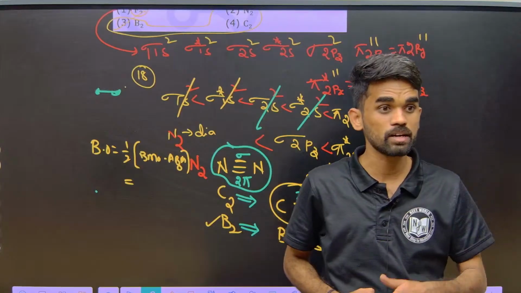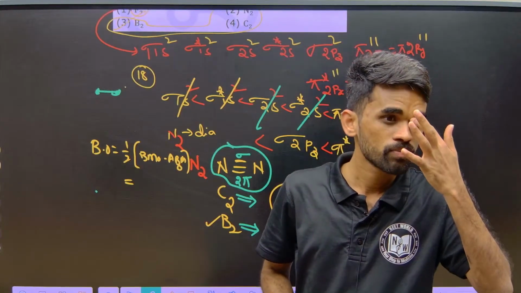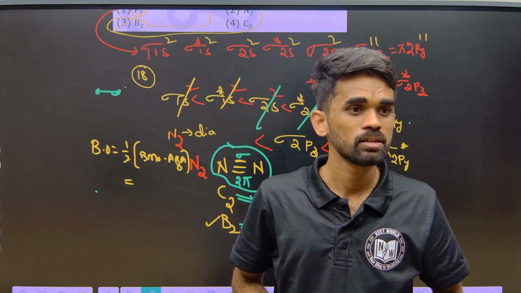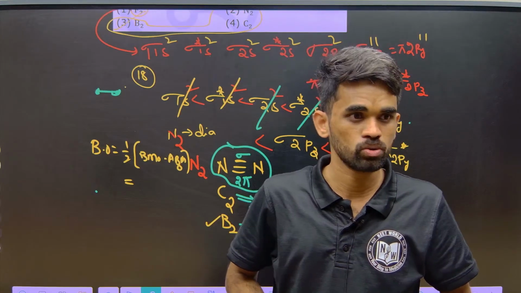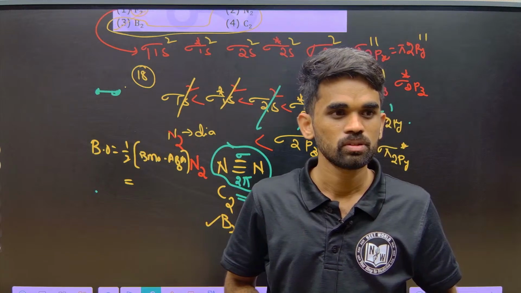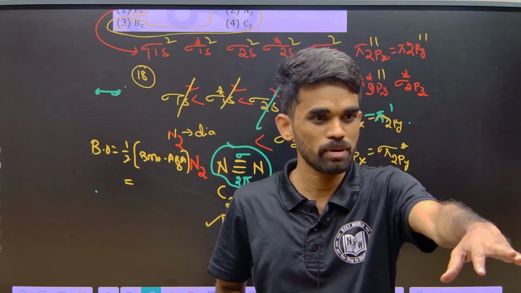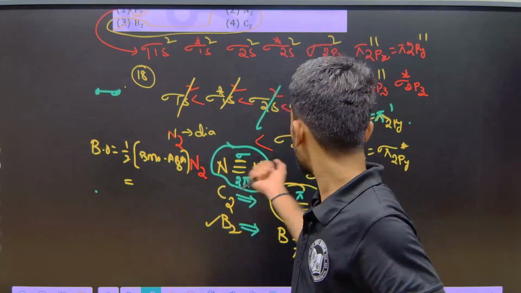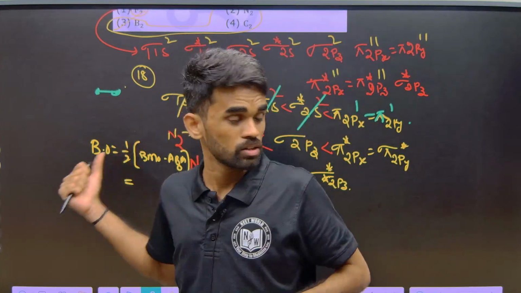O2 is paramagnetic. How many unpaired electrons? 2, sir. So the options are B2 and O2. Remaining 2, just count the number of electrons. C2 is 12, so already seen here, 6 and 6.